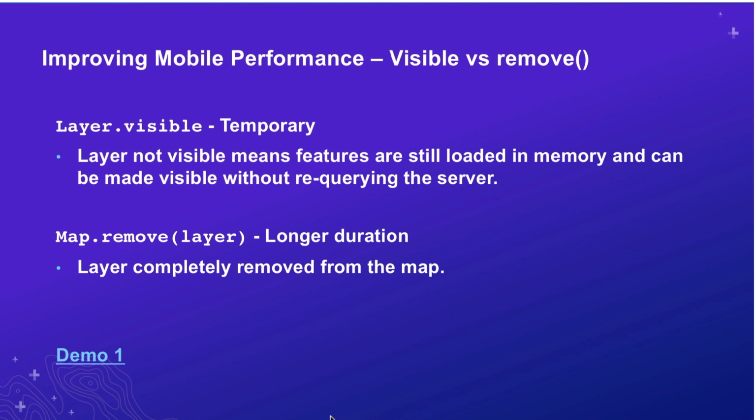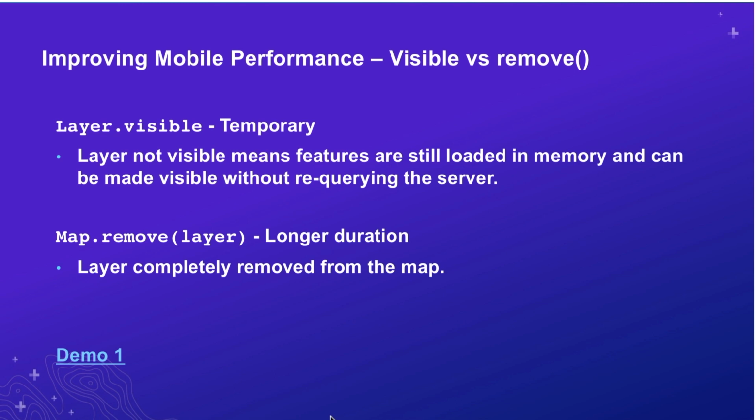So now let's talk about visible versus remove. If you just need to temporarily remove a layer from the display, the layer.visible property means that the features are still in memory, but they can be made visible or invisible as needed without requerying, without a round trip to the server.